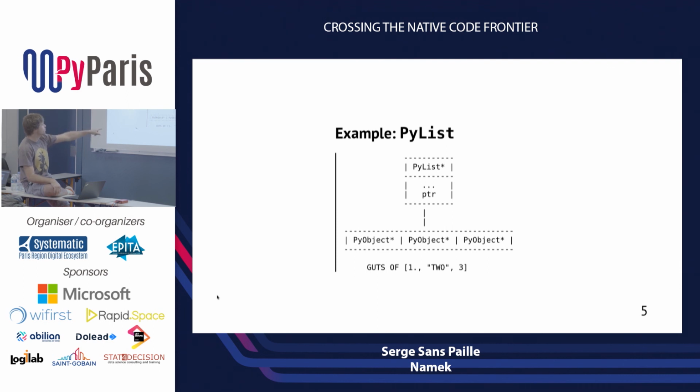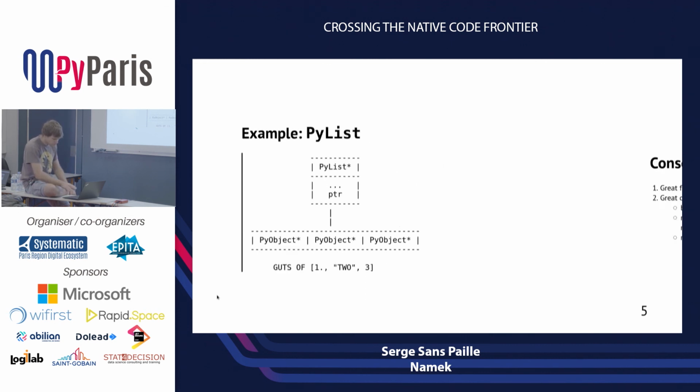It's nice because you can put objects with different types inside a sequence, because it doesn't matter. It's all the same single type from the interpreter's point of view, at least at that level.